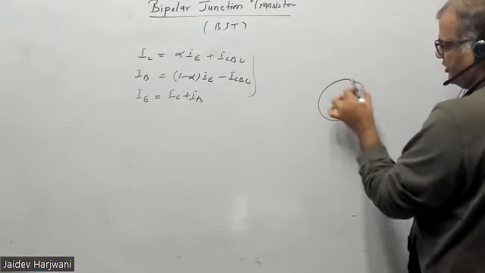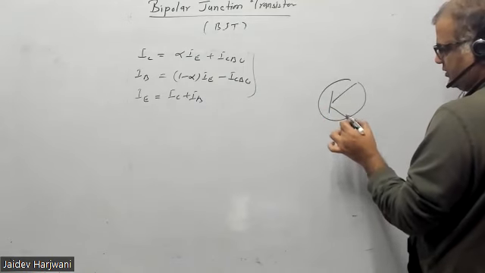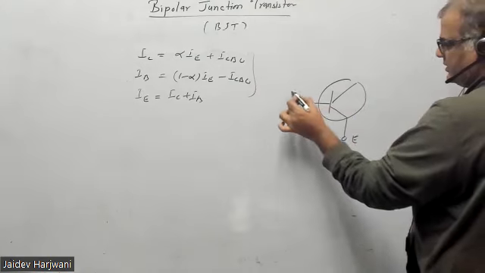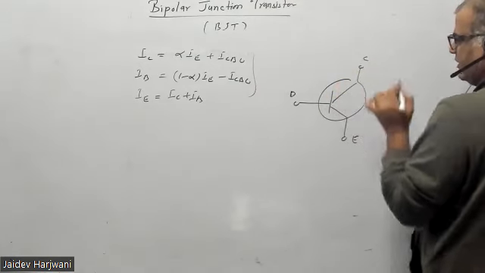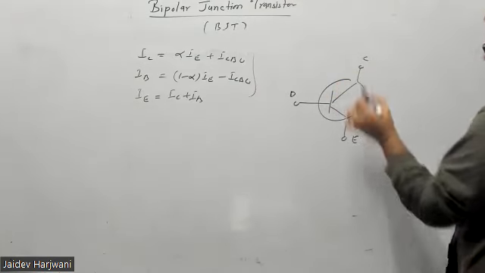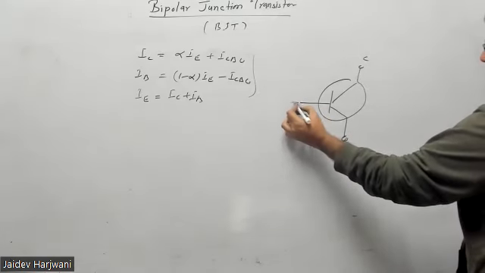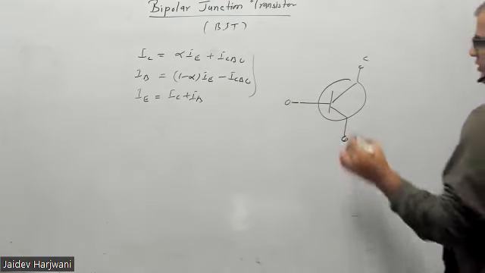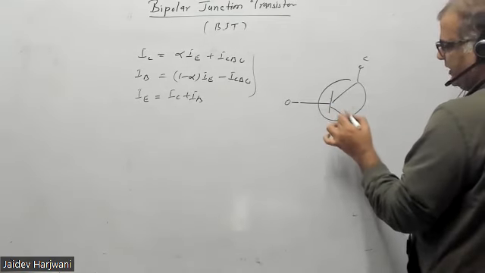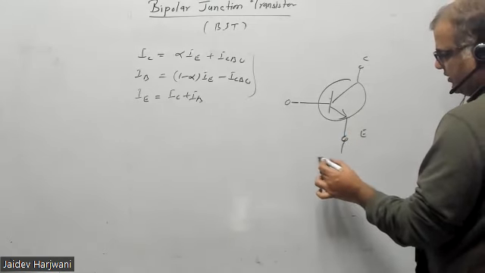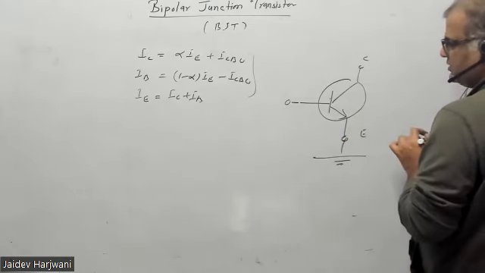This is the common emitter configuration. This is the emitter, this is the base, and this is the collector. Now your input current is IB. For an NPN transistor, the current will always be on the emitter side, and the emitter is grounded.